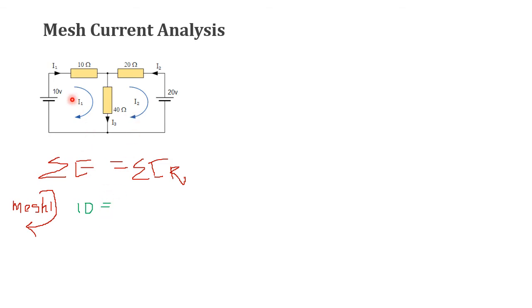Here I1 is flowing in the same direction as our mesh direction, so I1 into 10 ohm. I1 into 10, plus.